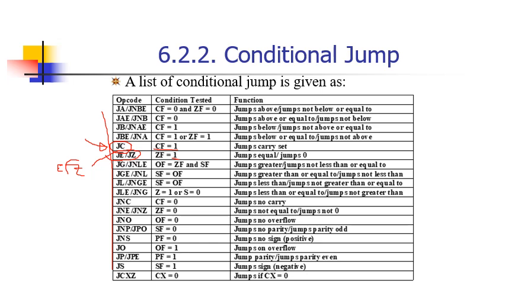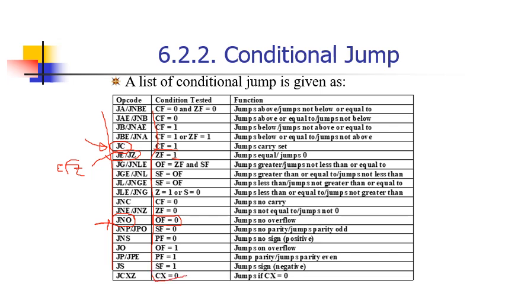Okay, for example, this one, jump if not overflow. So if your overflow bit is 0, which means you don't have any overflow, you do the jump. So usually when you check the condition, you use your flag bits.